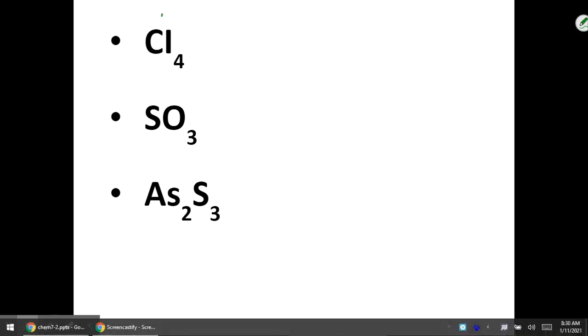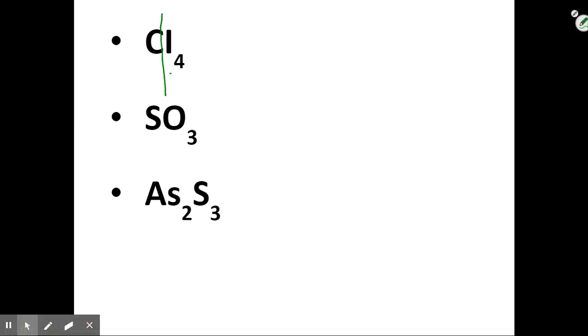So CI4, I is -1 from the chart because it's in group 17. We've got 4 of those, so that means carbon is going to have to be +4, so these add up to 0. So this is going to be carbon(IV) iodide.